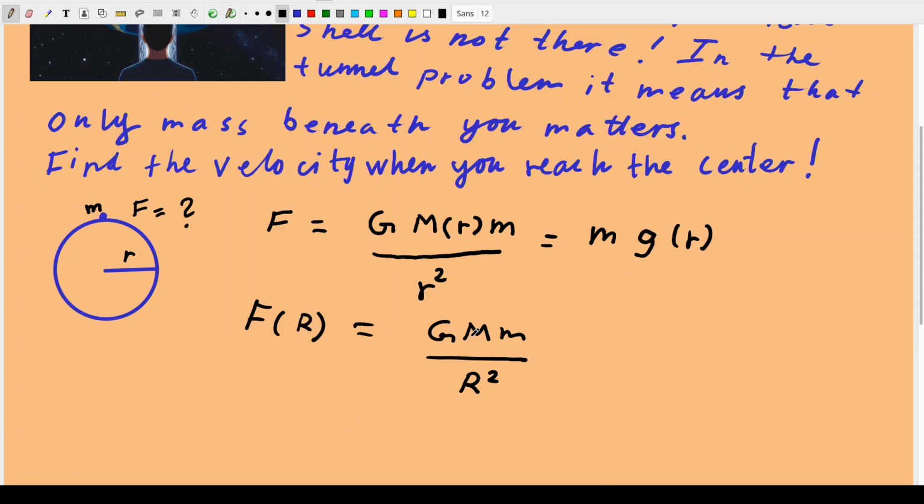Here the mass M is of the Earth, the total mass, and here is again the particle mass m. And this is what we usually write like this, m g, where g usually in SI units is 9.81 meters per second squared.